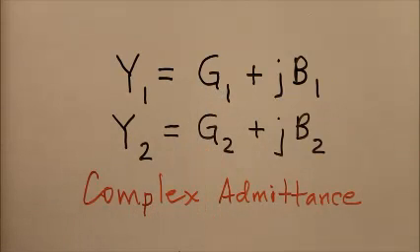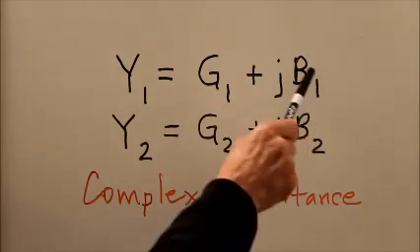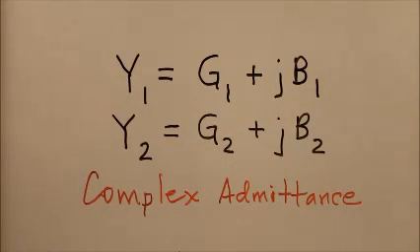Conductance involves components like wires, resistors, things that don't exhibit any inductance or capacitance. But susceptance involves pure inductance or pure capacitance.